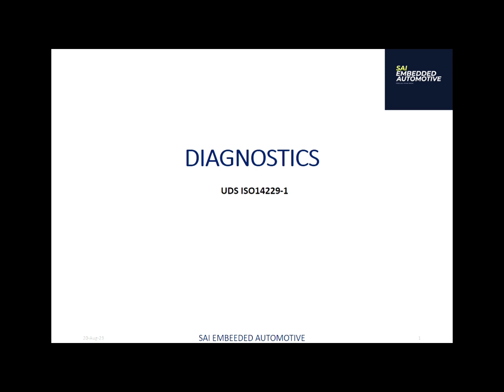So coming to the diagnostic, what is diagnostic? For example, modern vehicles are packed with full of modules like ECUs and other functional clusters. Types of ECUs we have already discussed, like body control ECU, light control ECU, vehicle control ECU and engine control ECU. For example, if any fault occurs in the ECU, a malfunction indicator light will appear in the dashboard.